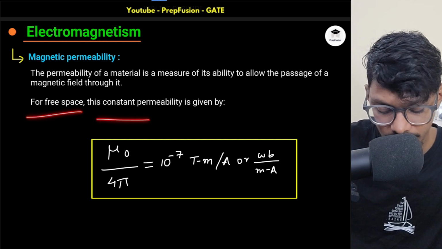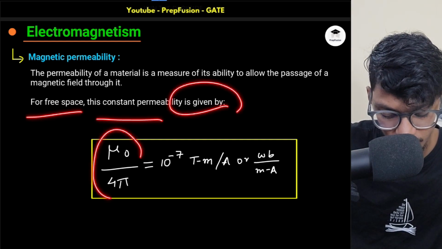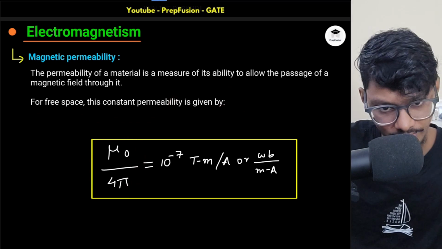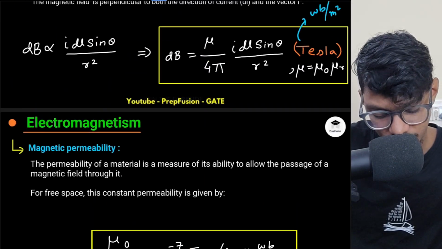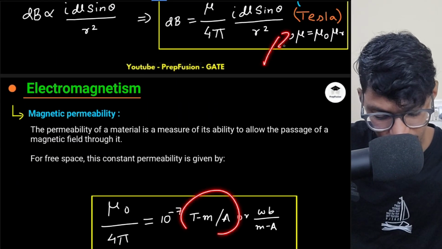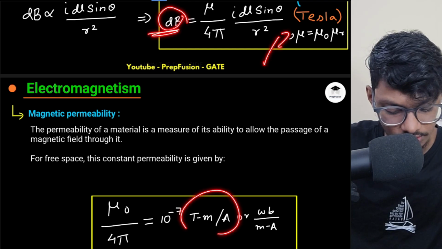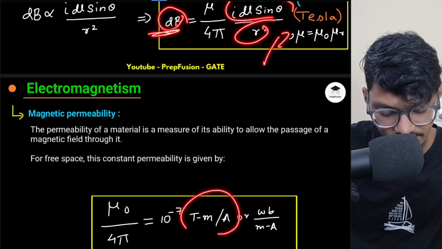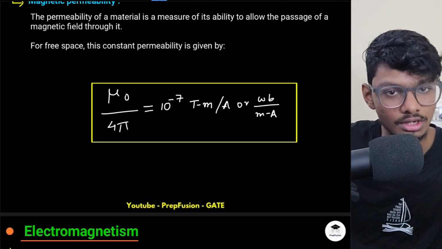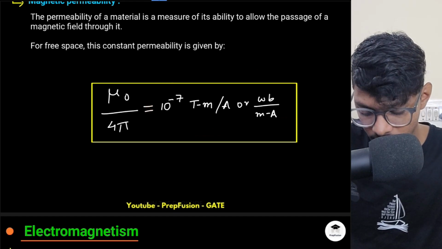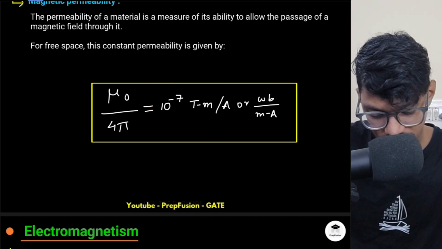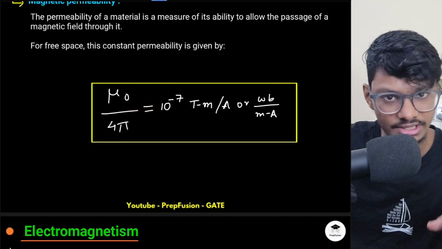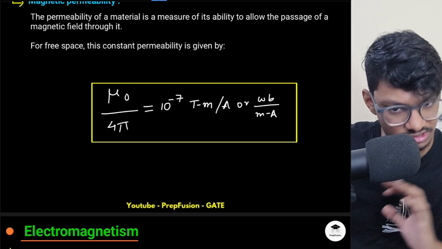For free space, this constant permeability is given by mu naught by 4 pi equals 10 raised to power minus 7 Tesla meter per ampere. You can derive the units from this expression, right? You know the units of Tesla, the units of magnetic field, and of the ideal current element and sin theta, and if you derive all those units, you will get back these units. This is in SI units.